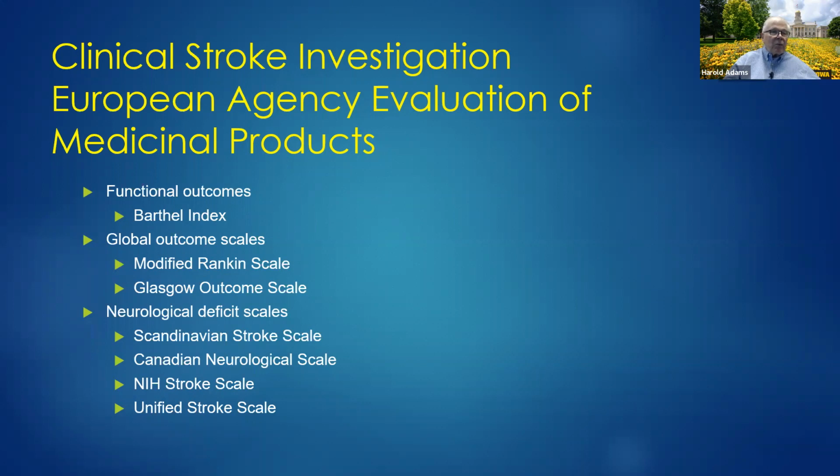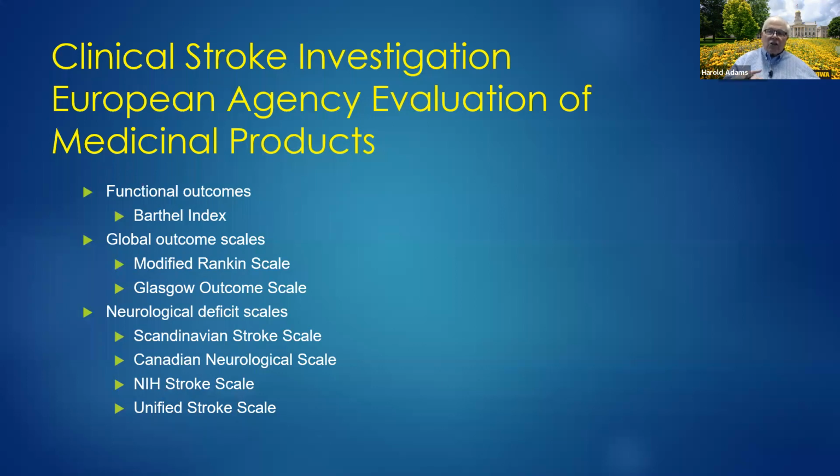The neurologic impairment scale, we have the NIH stroke scale. I've also talked about the Scandinavian or Canadian neurological scales. Those are also useful rating instruments, as is the unified stroke scale. Being that these are research projects that are going to be in the United States, I would recommend you use the NIH stroke scale as the NIH has recommended.